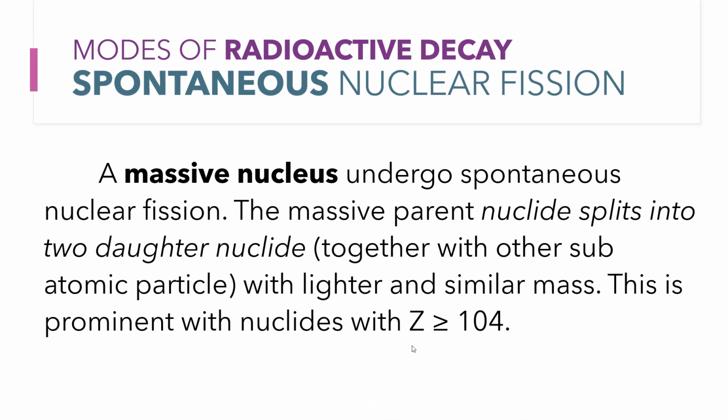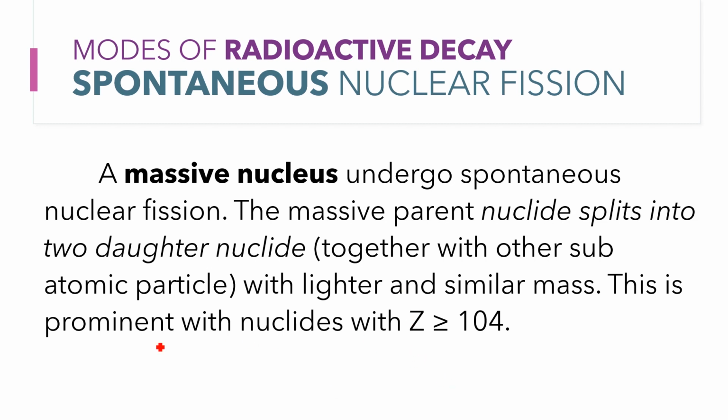Okay, next is the spontaneous nuclear fission. A massive nucleus undergoes spontaneous nuclear fission. The massive parent nuclide splits into two daughter nuclei, together with other subatomic particle with lighter and similar mass. This is prominent with nuclides with Z greater than 104. So, kung mapapansin natin, this is prominent.